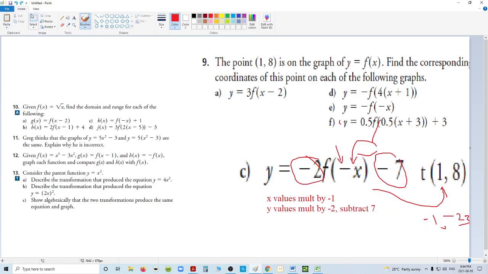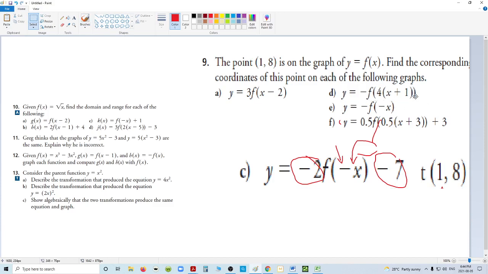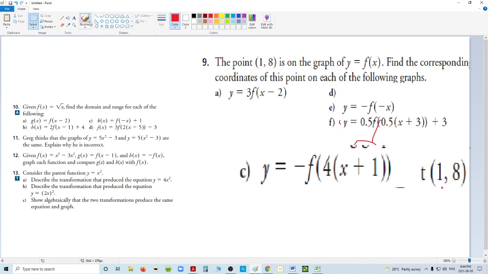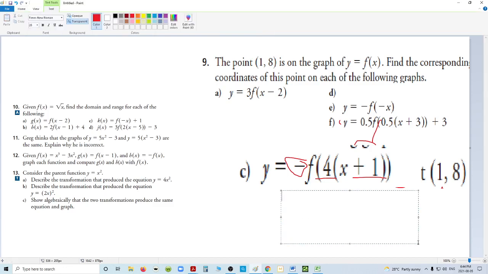Okay, let's do the next one. This one's relatively simple. This is a y, and then it's just x and x. So all my x values are multiplied by 1/4, not 4, and then subtract 1, not add.